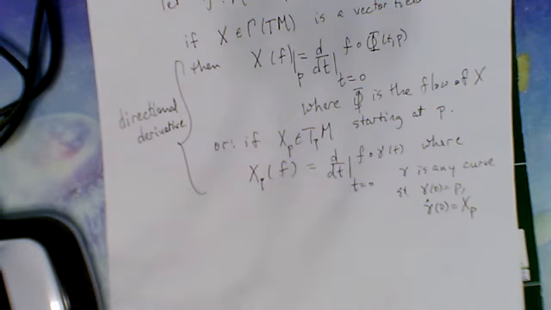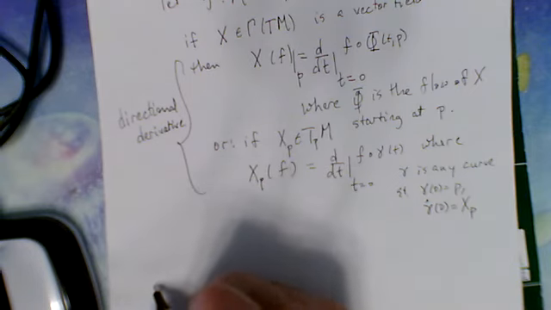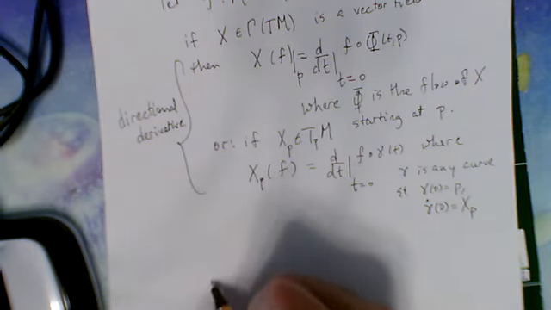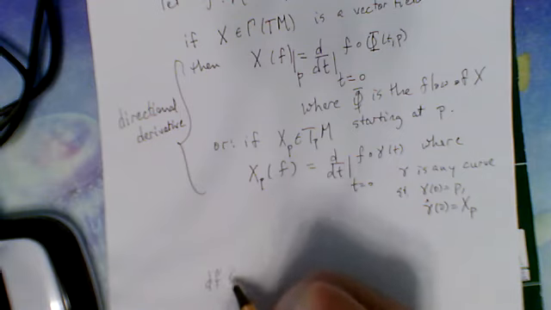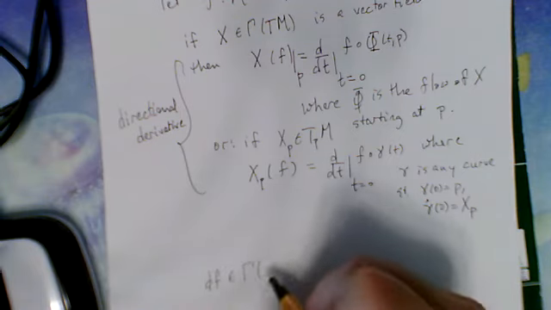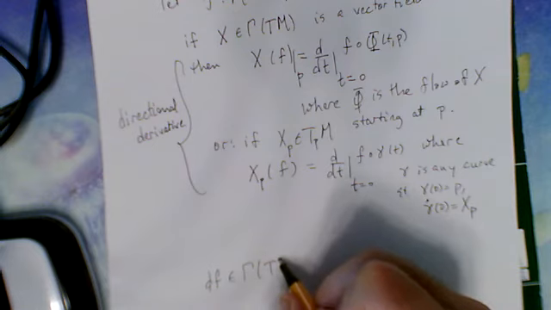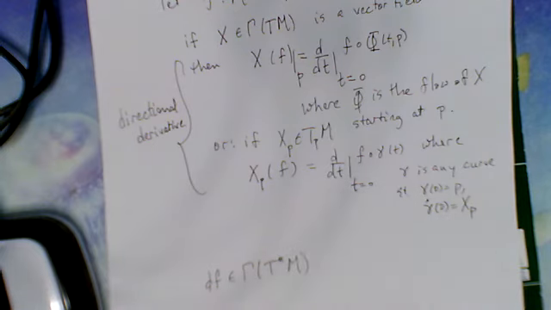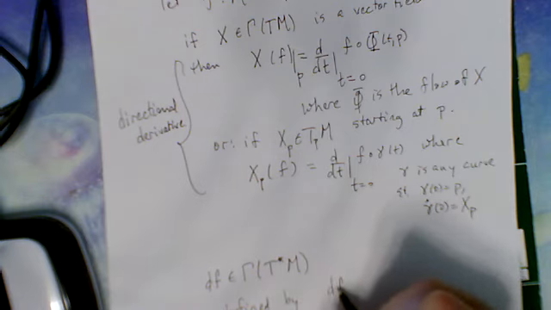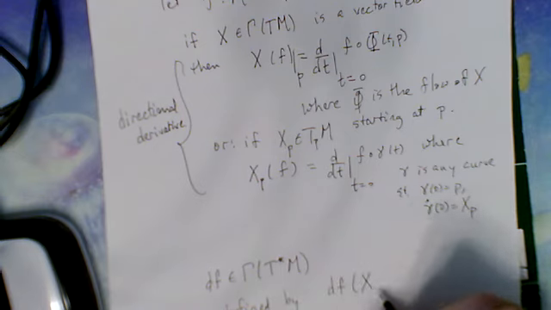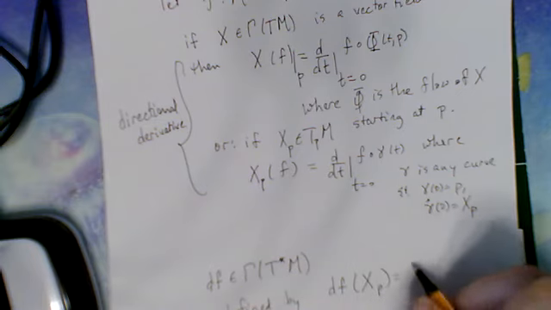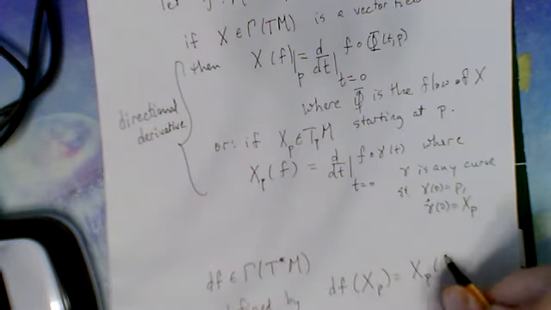I can also write down our notion of differential by saying that df is now going to be a section of the cotangent bundle. And it's defined by df acting on the vector X_p is X acting on the function f.